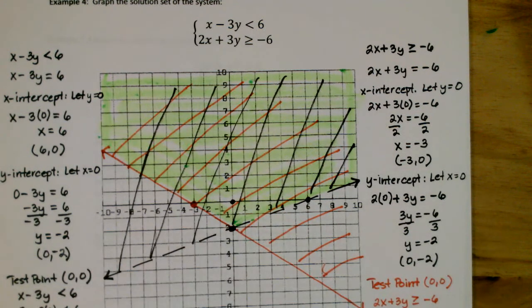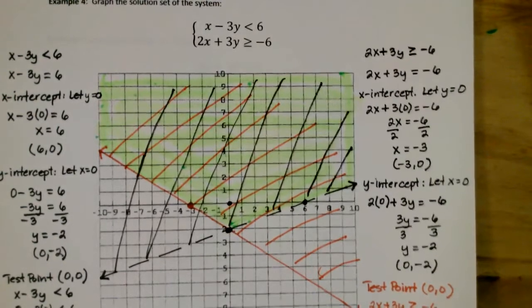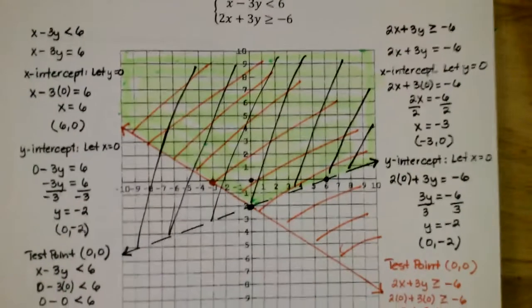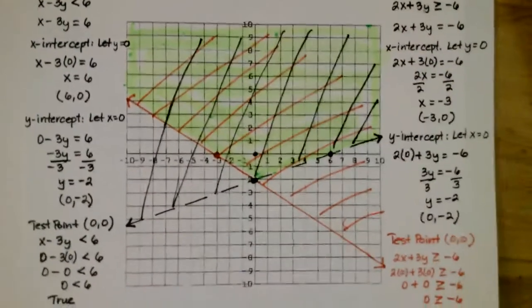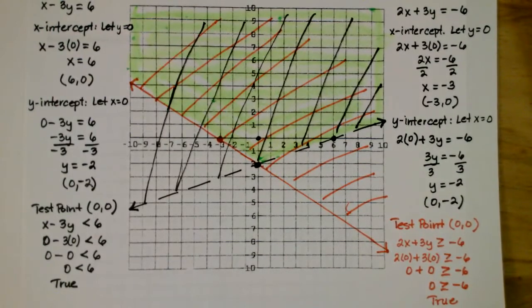So that region represents the graph of the system x minus 3y is less than 6 and 2x plus 3y is greater than or equal to -6. Okay. And again, do feel free to pause the video if you need to catch up with some of the things I'm explaining in this video.